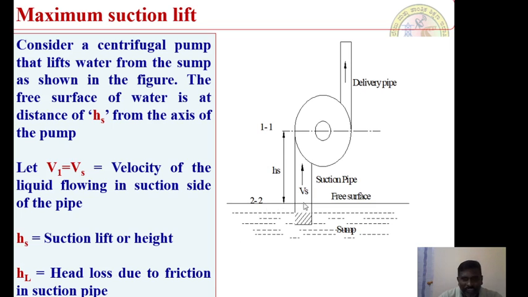HL is the head loss due to friction in the suction pipe. Here we are considering only the suction pipe, not the delivery, because the suction lift is the result of suction at that particular side of a centrifugal pump. Therefore, we have to concentrate more on the suction side of a centrifugal pump.